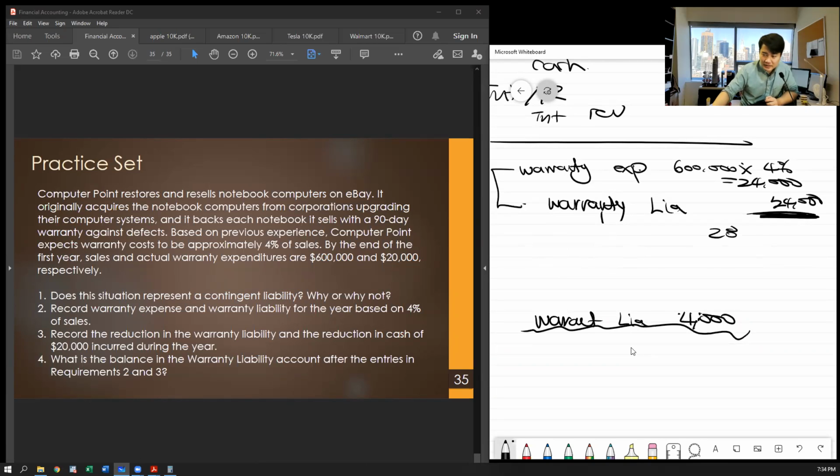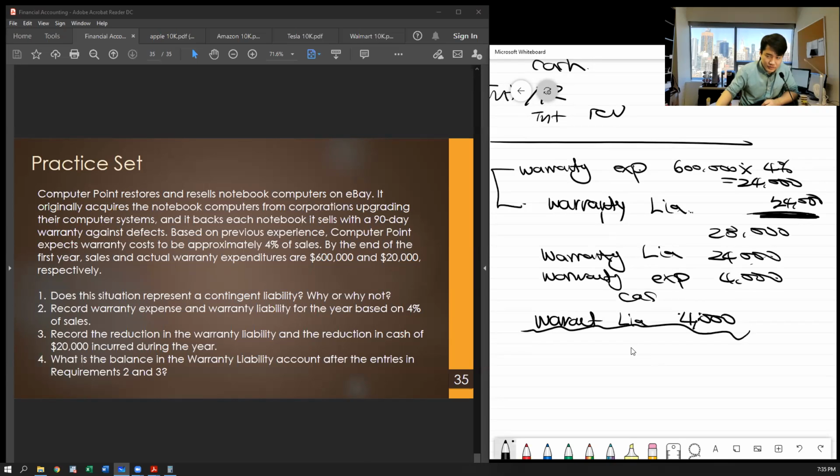Let's say the actual claim is 28. So what you're going to do is reduce the original estimate of the liability, which was 24, and report warranty expenses of an additional $4,000, and then credit cash 28.